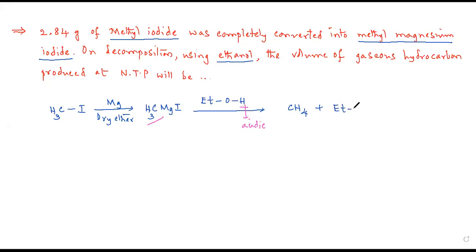Of course, the byproduct is ethoxy magnesium iodide. Forget about that because they are asking the volume of the gaseous hydrocarbon. I mean this. Let's check.